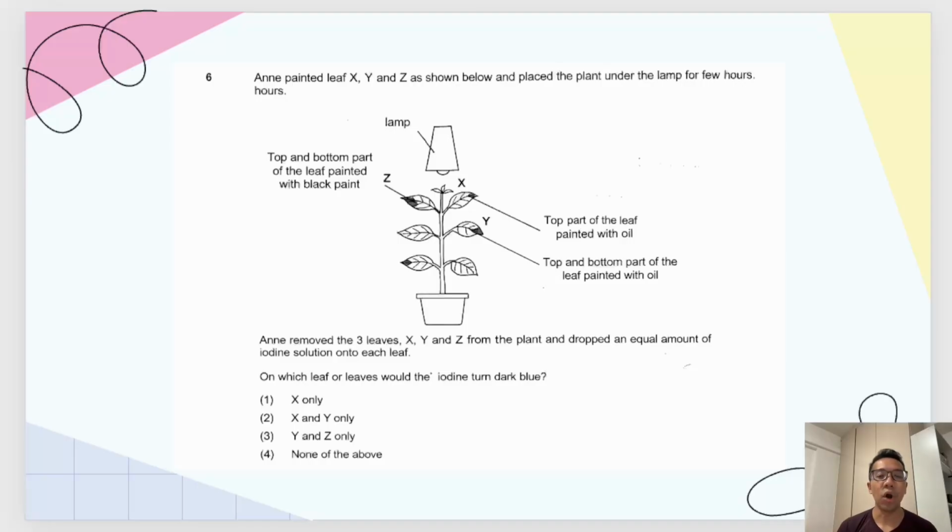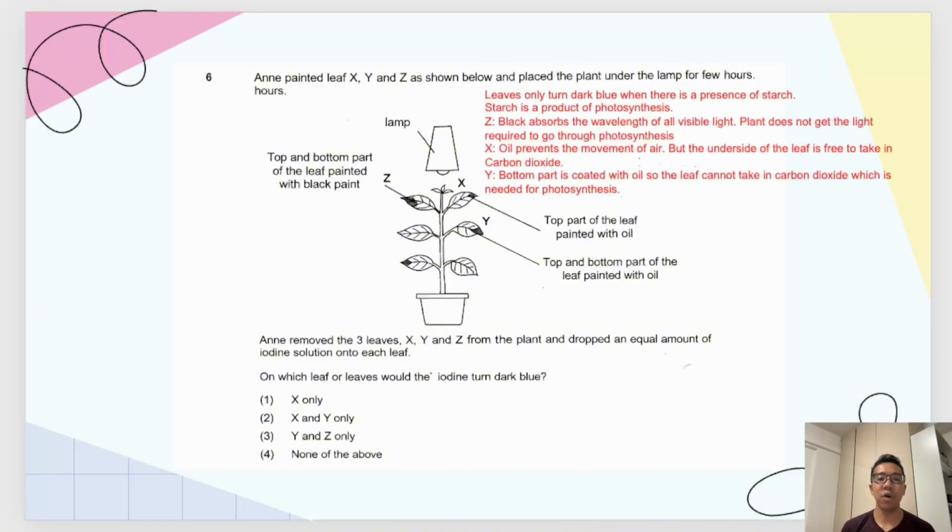Oil prevents any gas from passing through. Therefore, leaf Y would not be able to photosynthesize and in turn would not produce starch. As such, the only leaf here that is able to turn iodine dark blue is leaf X.